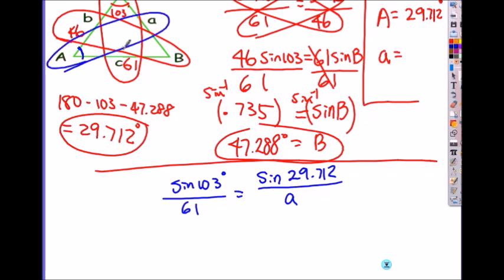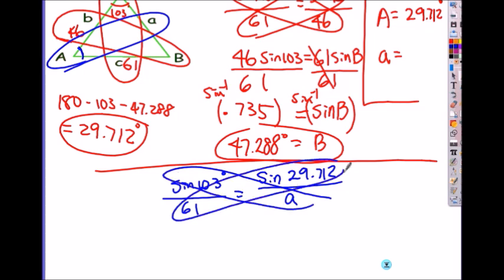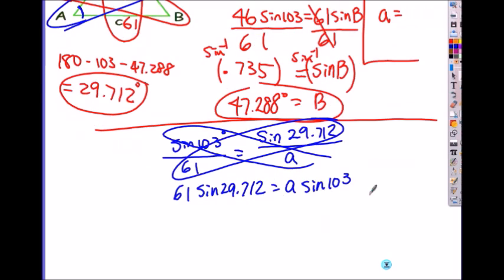We got angle A, and you're looking for side A. So again, what do you do? Cross multiply. So 61 times sine of 29.712 equals A times sine of 103. Divide by sine of 103.